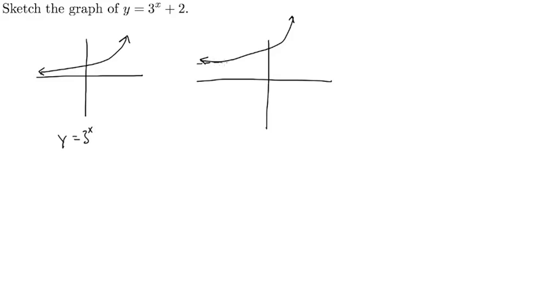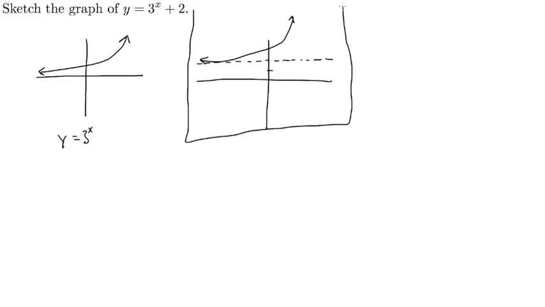Now, to be careful, I would encourage you to go ahead and put a dashed line here just to emphasize that the horizontal asymptote that was formerly y equals 0 has now moved up to y equals 2. So this right here would be your final answer. You don't need to plot points. You don't need to worry about whether this is crossing the y-axis exactly right.